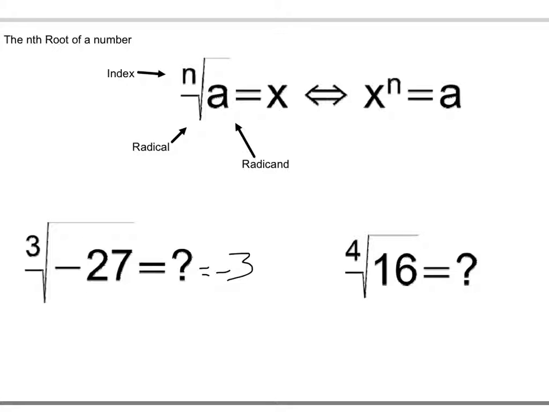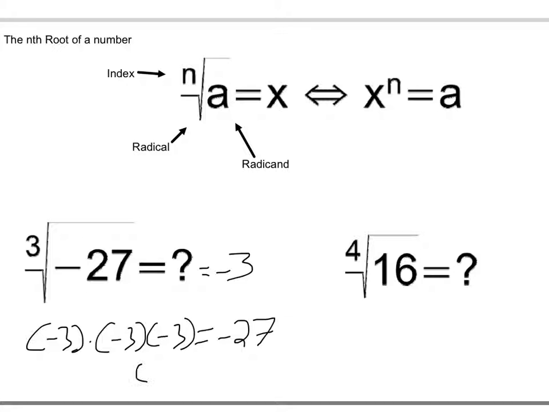And the reason for that is because negative 3 times negative 3 times negative 3 equals negative 27. That's the connection between the radical and the exponent. I could write it as negative 3 to the third. And my exponent here is the same as my index here. Negative times a negative times a negative ends up leaving me with another negative, the negative 27, which was my original radicand.